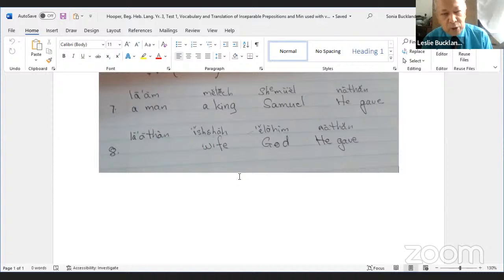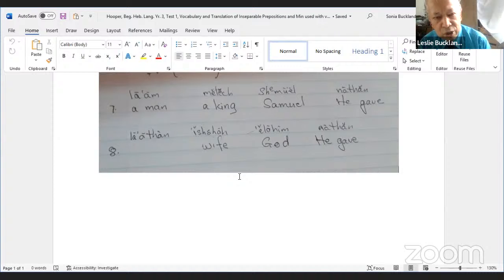And Genesis chapter 2, verse 24 says, "For this cause shall a man leave his father and his mother, and shall cleave or shall cling to his wife, and the two shall become one flesh." So the intention of making the woman was so that she would be joined to the man and become a married woman or a wife.